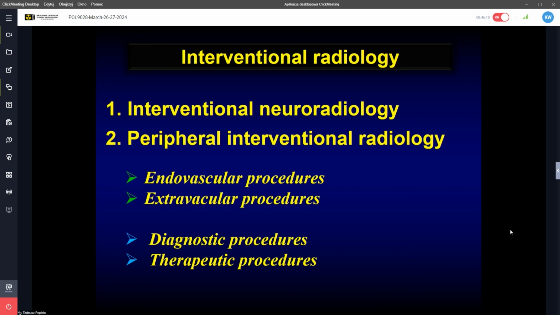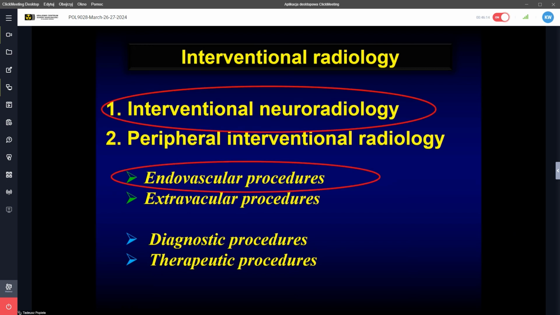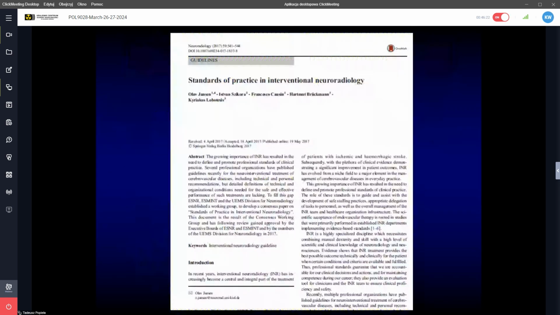Today, I will concentrate on interventional neuroradiology and mainly endovascular procedures because they are the most common diagnostic as well as therapeutic procedures. First of all, I would like to start with a description of what kind of procedures I am going to talk about today.